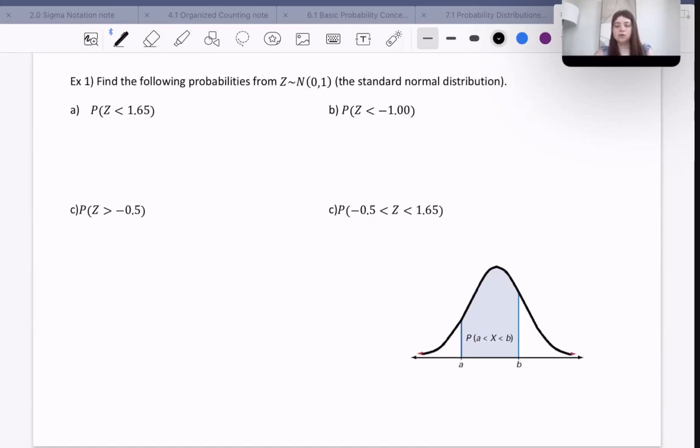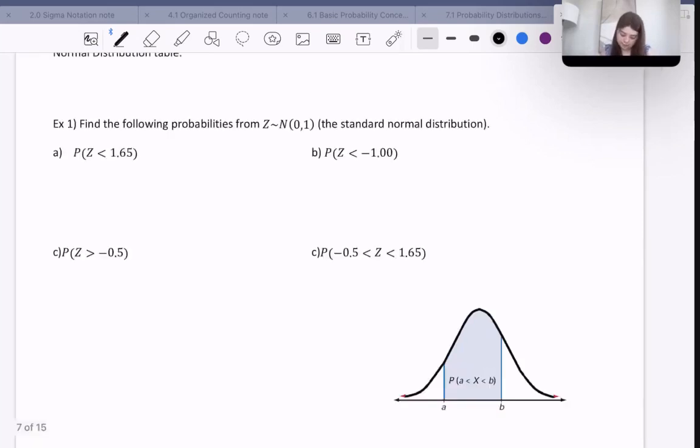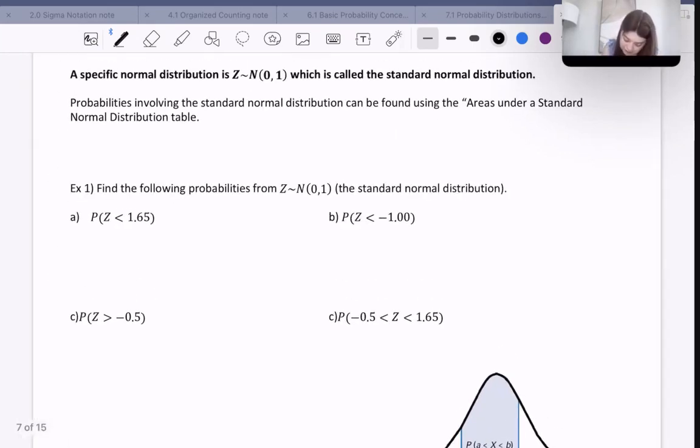So in order to find the z-score, we must take the number minus mu, over the standard deviation, right? And so for a standard normal, where we have a mu of 0 and a standard deviation of 1, this is just going to equal x.